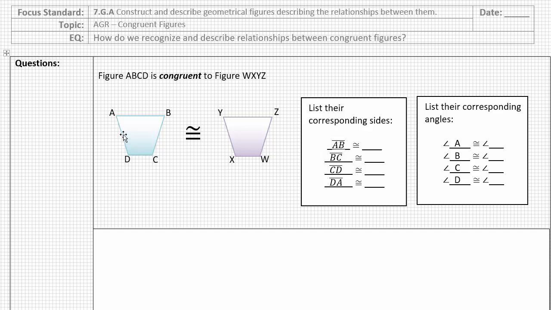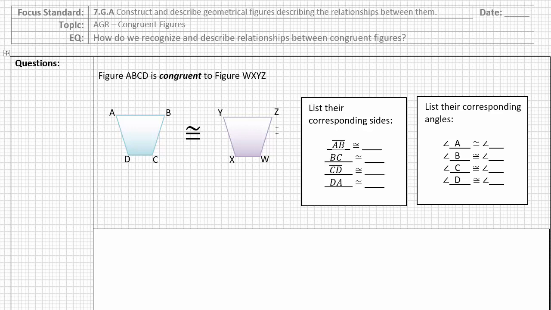So for figure ABCD, I've already listed out each of the 4 side lengths: side AB, side BC, CD, and side DA. What I want you to do is list what are their congruent, corresponding sides on this figure.